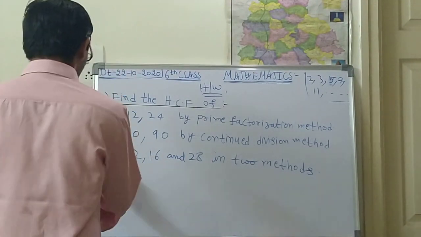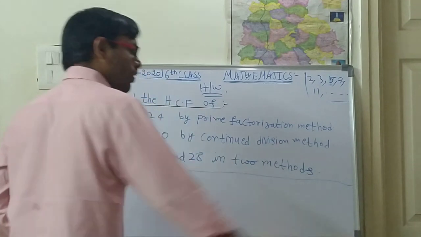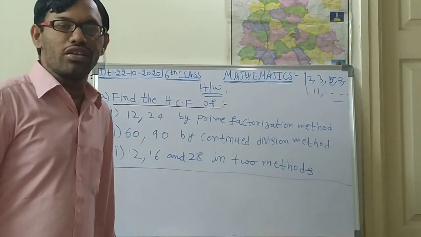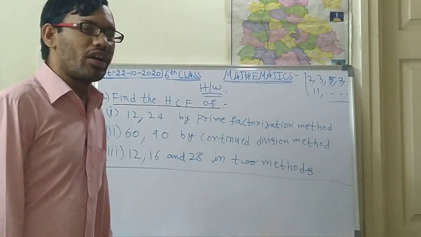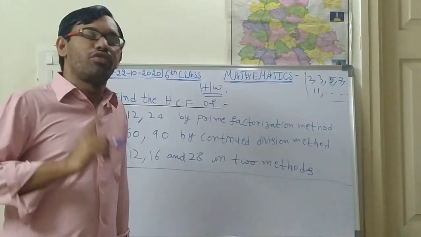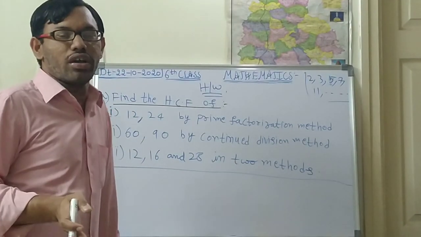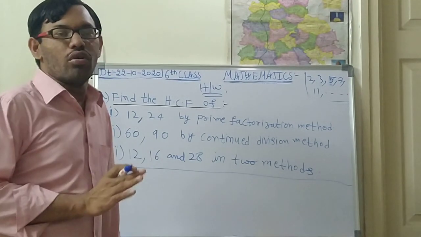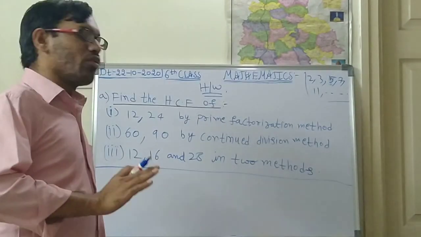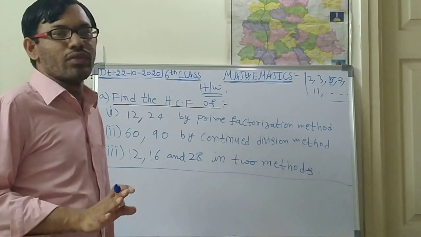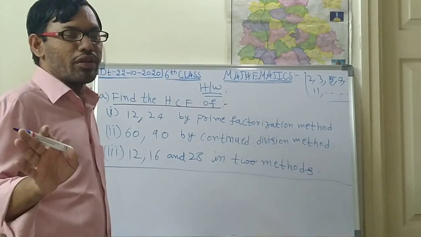This homework I should see in your homework books by today evening itself. Please don't neglect it, children. Compulsory: only if you do this homework can I teach the next concepts. If I am not getting the homework from your side, I won't take any classes, and my classes will be a waste.